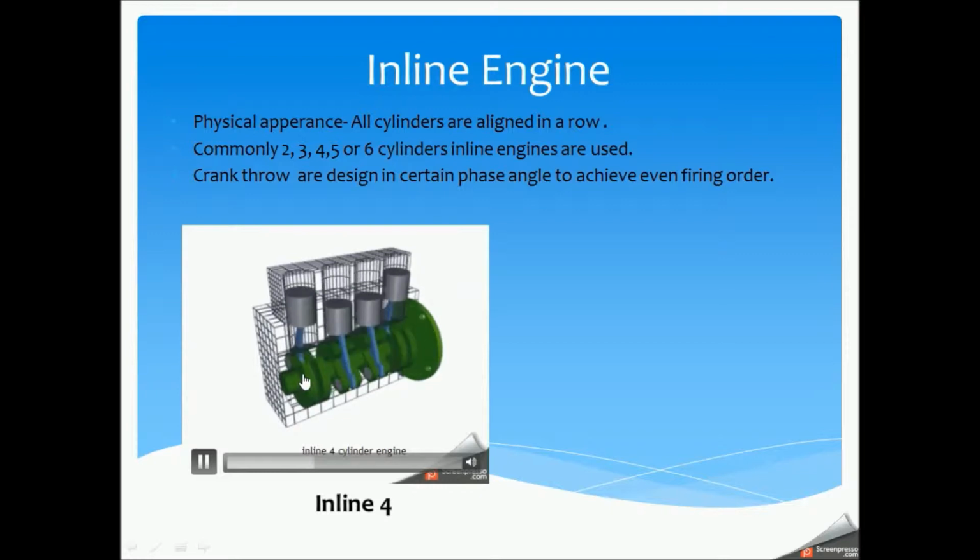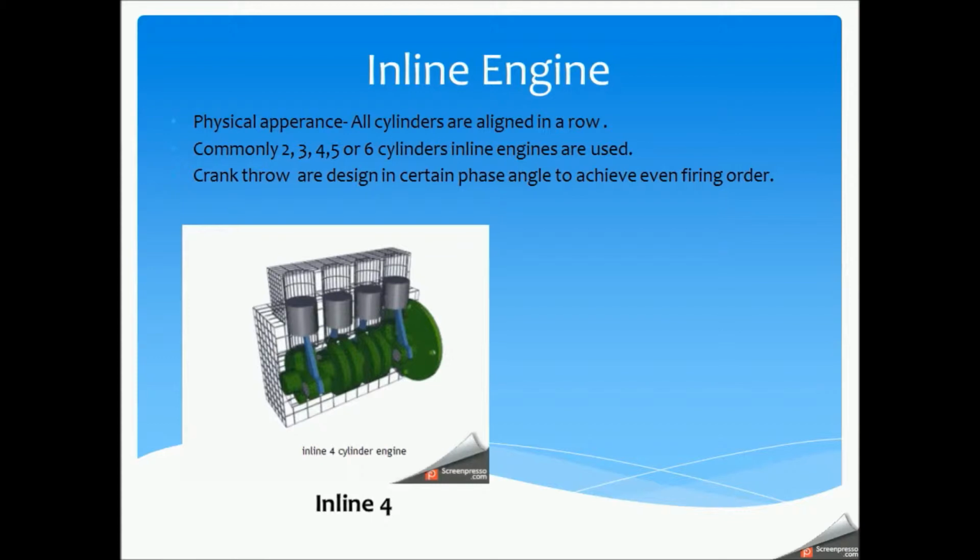So the crankshaft of cylinder 1 and the crankshaft of cylinder 2 will have an angle of 180 degrees, and this angle is known as the phase angle. This phase angle will give a significant effect to the firing order of the engine itself, which contributes to the dynamic action of the engines, the performance of the engines.